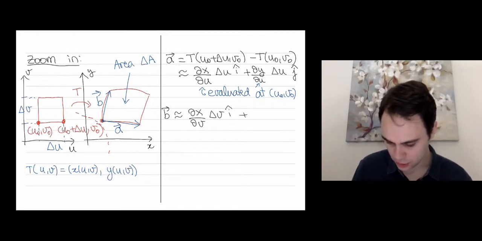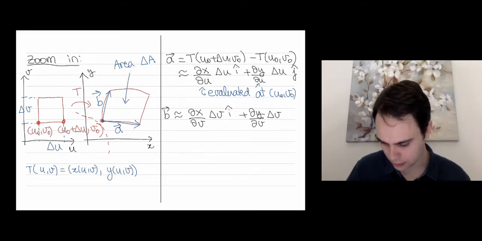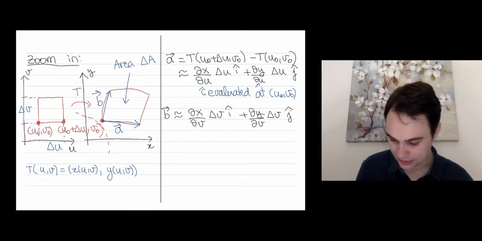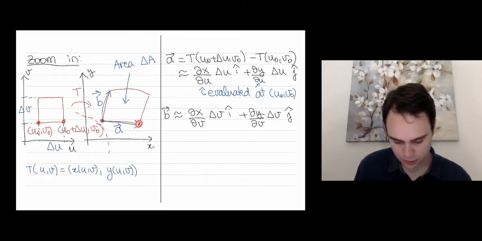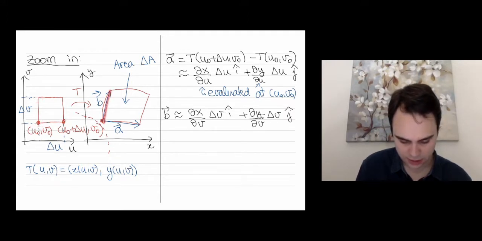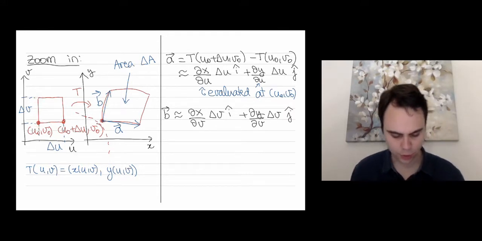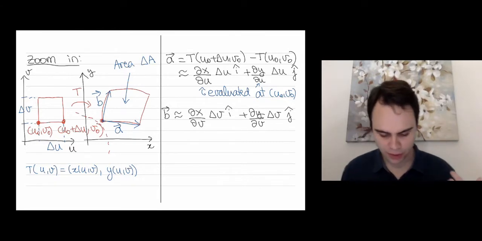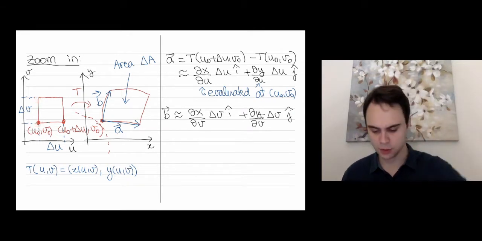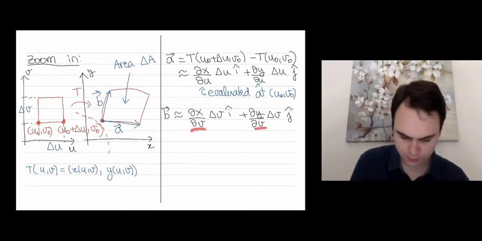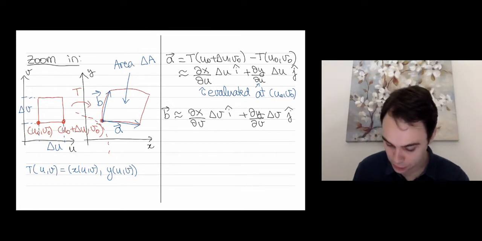That's the i component, and the j component is the partial of y with respect to v multiplied by delta v times j. So exactly the same reasoning as for A, but here we're looking at the difference in the values of x and y when u is fixed and v is changing a little bit. And so you get v partials instead of u partials.